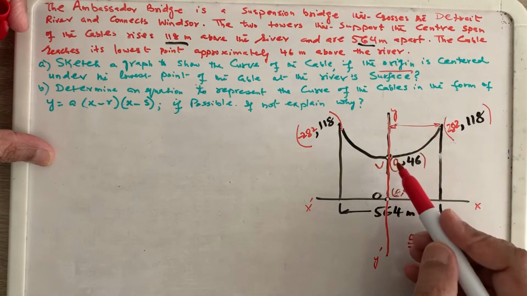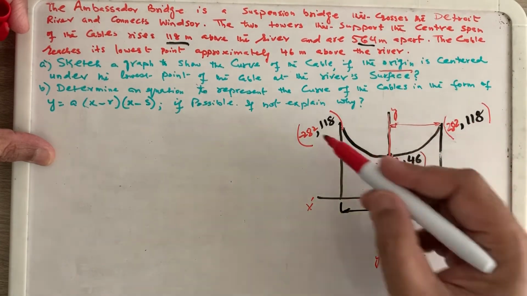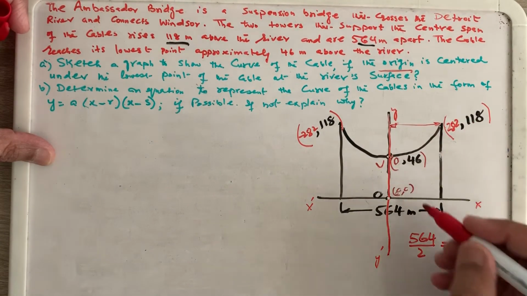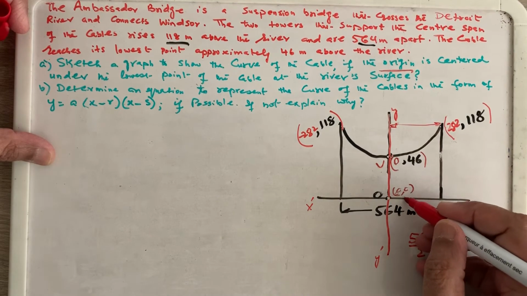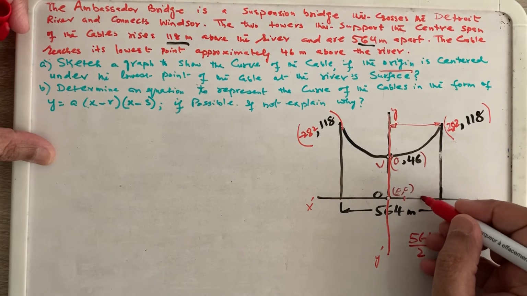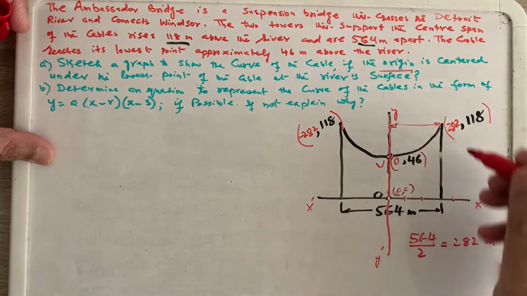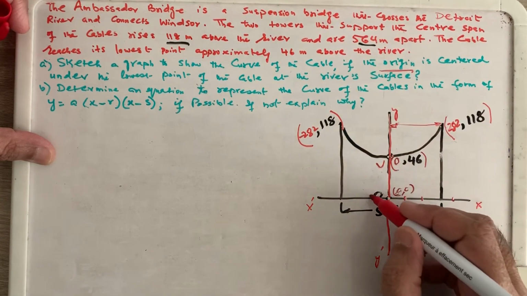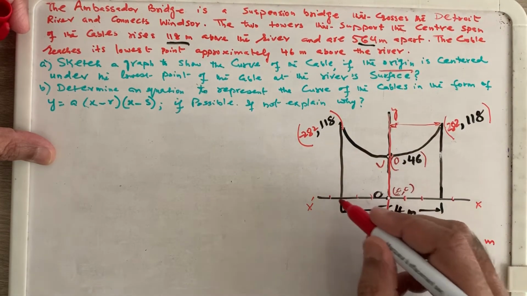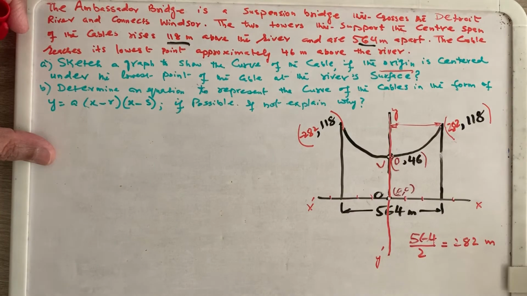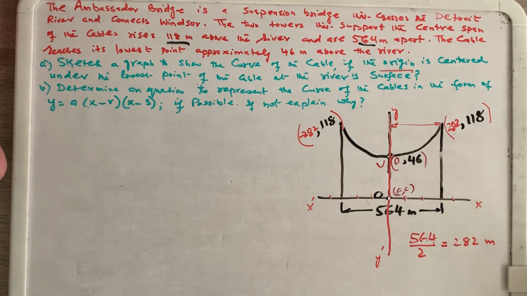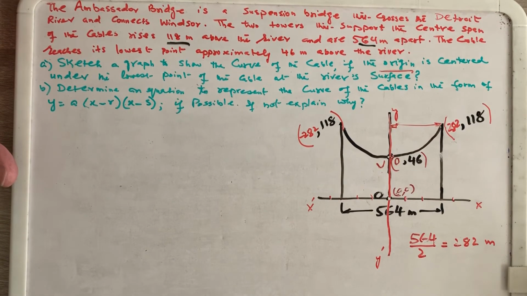If we have the vertex and two points, then we can draw the curve. You can take like 100, 200 and 300. Your 282 is somewhere in between 200 and 300. So this way you can plot the graph of this cable which is supporting the Ambassador Bridge.